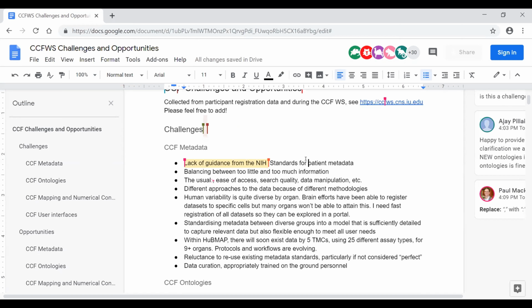Articulating use cases, I think, is essential to get people to go out of their way and add more metadata elements into any data set. That's my general answer. In other words, there is a lack of guidance from NIH on standards for patient metadata. That's editorializing there. Well, no, we're developing it.